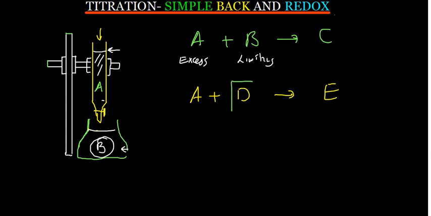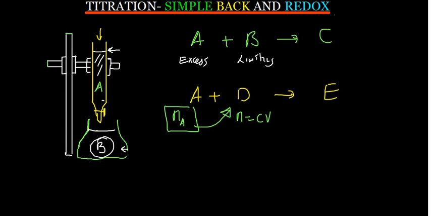You are given data about this one, so you know the number of moles of D. It can be indirect. It's not like you directly know the number of moles. It can be indirect, meaning that you can be given the concentration and the volume of this one, meaning that you can determine the number of moles from concentration times volume. Using the balanced equation, you say number of moles of this over the coefficient is equal to number of moles of this over the coefficient. So you can as well determine the number of moles of A, right? So you know now the number of moles of A which have reacted with D.